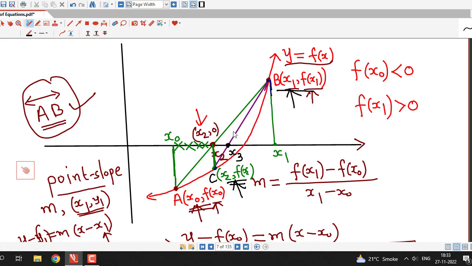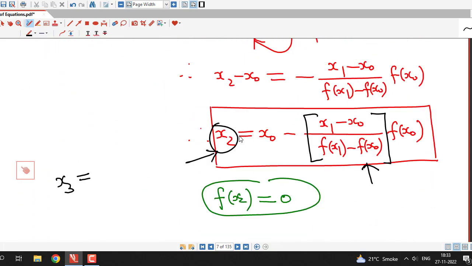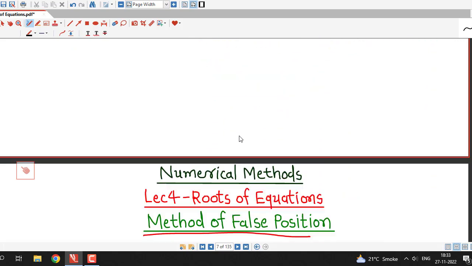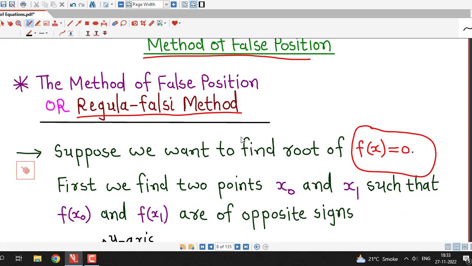So every time we are considering 2 points such that the value of the function is of opposite sign at those 2 points, then we consider the line joining those 2 points, and the intersecting point of that line with the x-axis is our approximation to the root, and we repeat this procedure up to the desired accuracy. So this is the idea of the regula falsi method or method of false position.